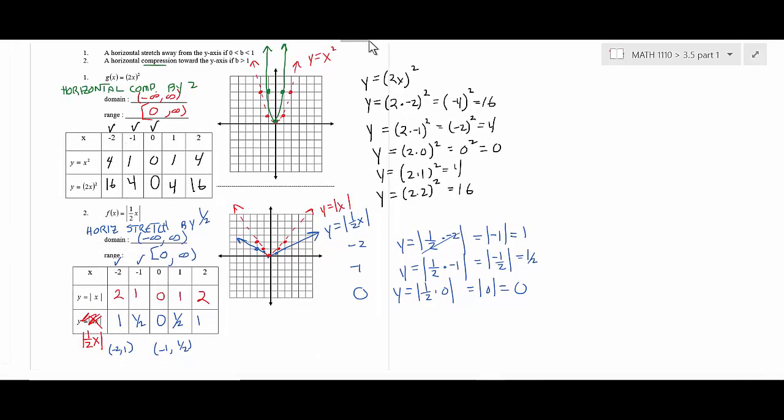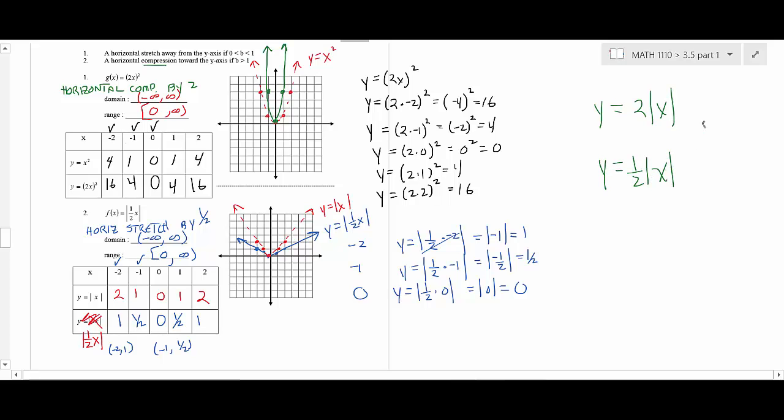One thing that I want you to notice on this too is what we talked about last week. If you had something like this, if that number is outside of the operation, then it vertically stretches and shrinks. And you don't want to memorize this, you want to understand this.